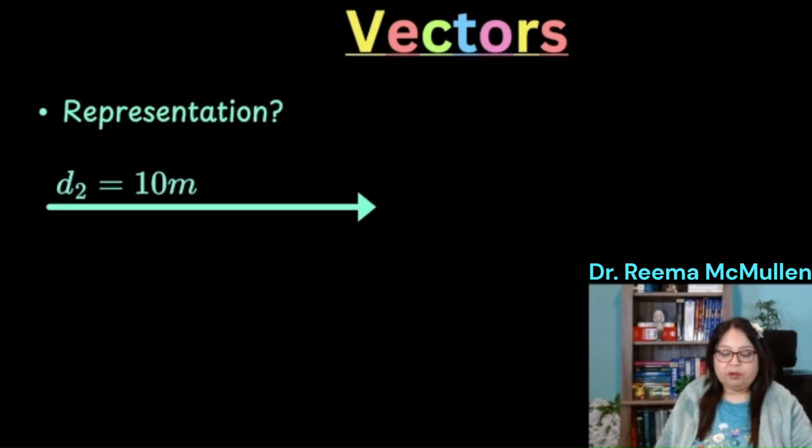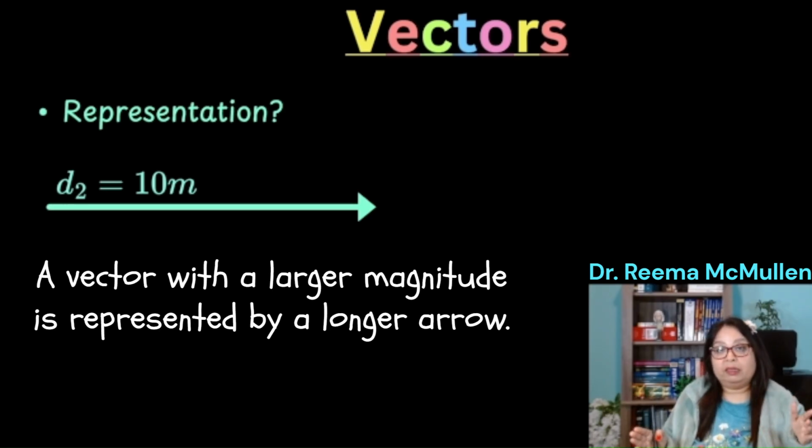Now these vectors are represented by arrows. The arrow's length tells you the magnitude, while the direction of the arrow tells you the direction of the vector. So here in this case, D2 is displacement.